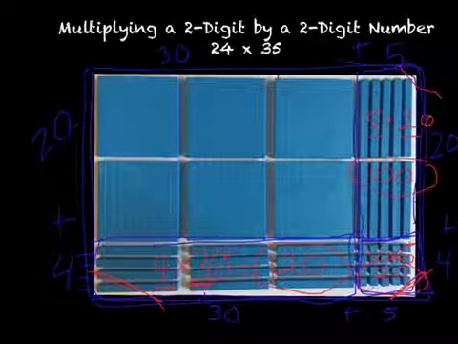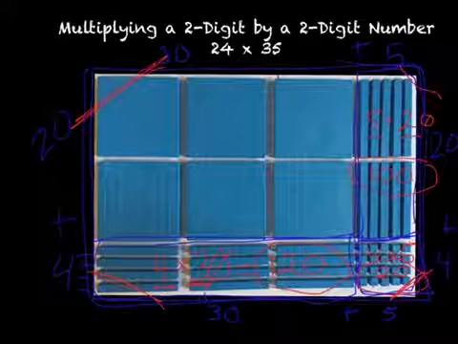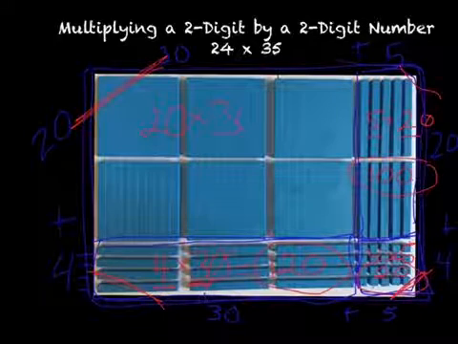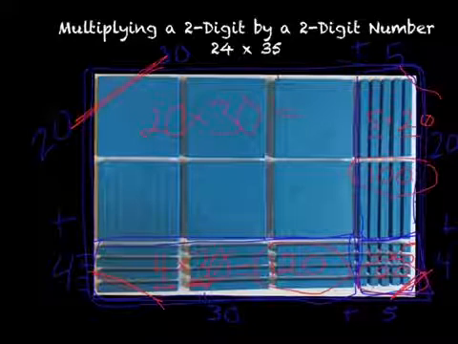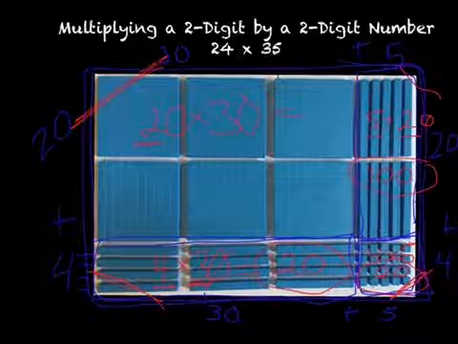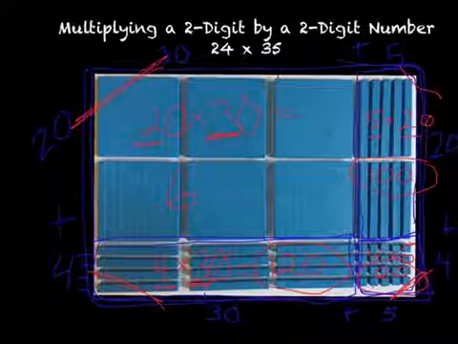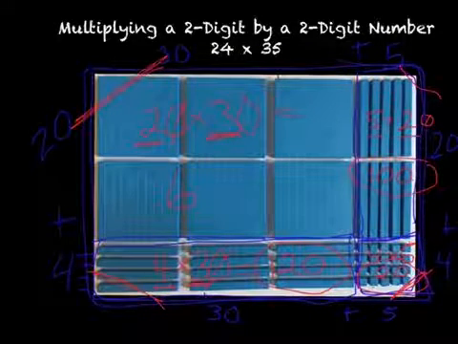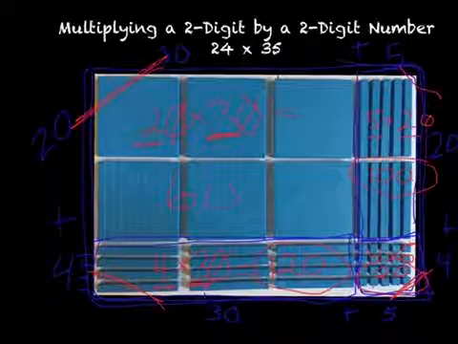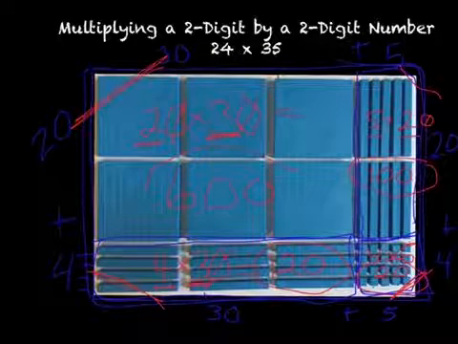And then finally, my big box, I'm going to have the 20 times 30, or 30 times 20, and I don't know that fact right off the top of my head, but I do know 2 times 3, which is 6, and then I'm going to count how many zeros I need. So I need 1, 2 zeros. So 30 times 20 is equal to 600.